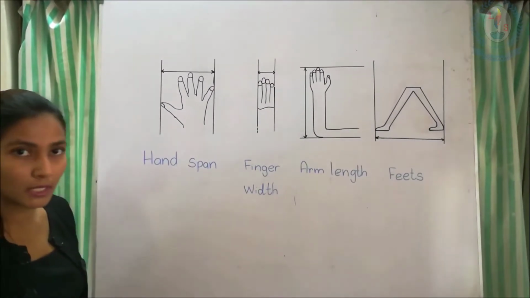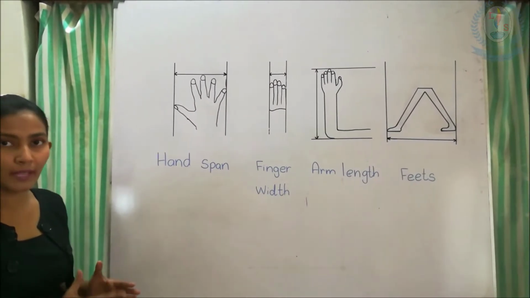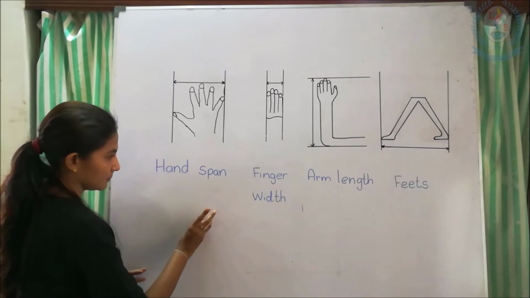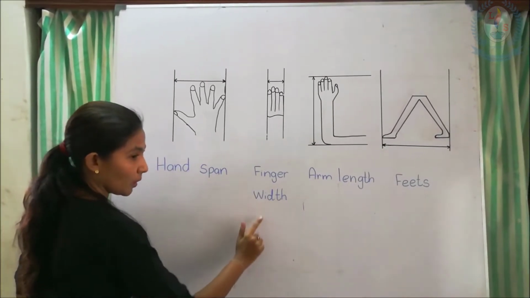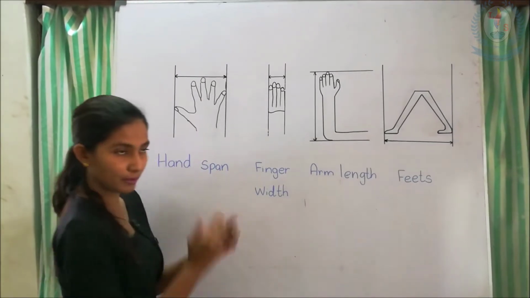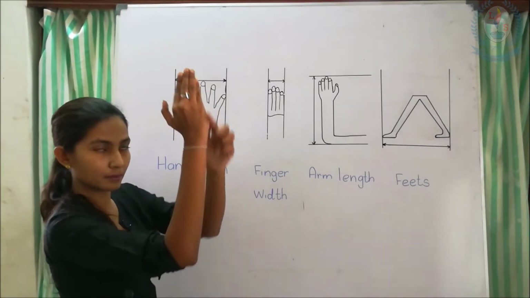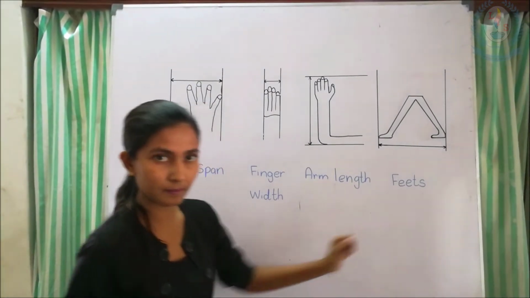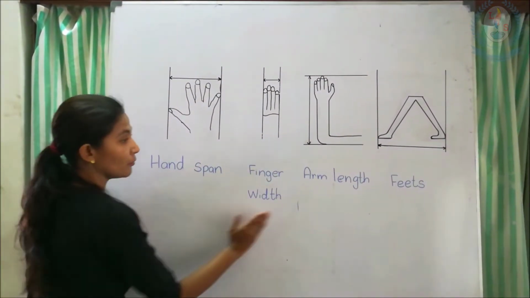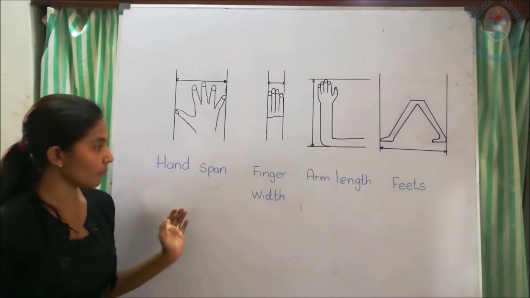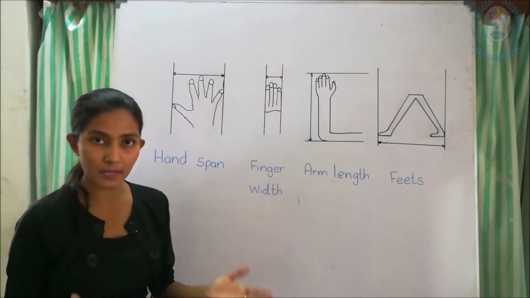Now we are going to learn about the measurements of length in olden days: handspan, finger width, arm length, feet. But none of these methods are standard units because they are different from person to person.